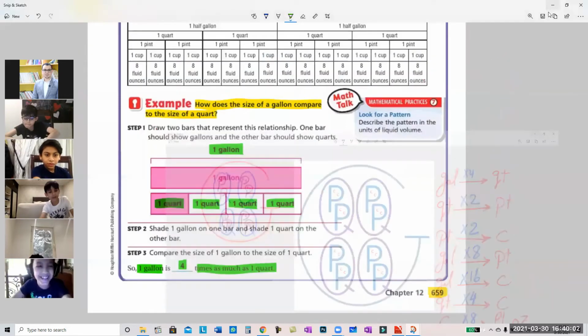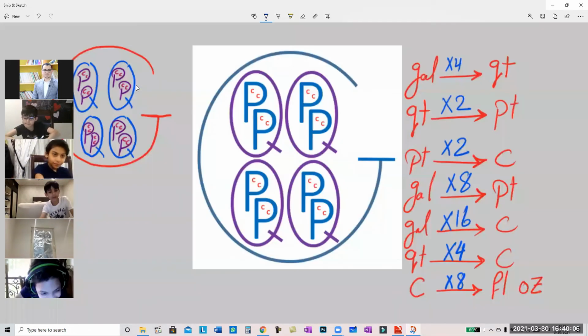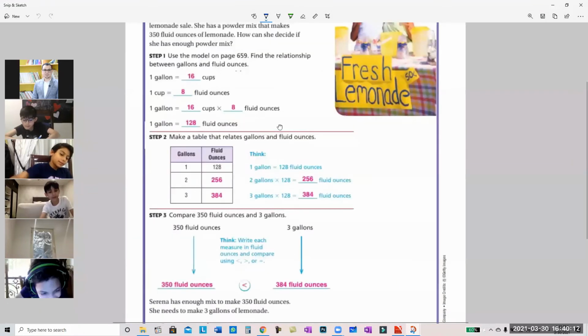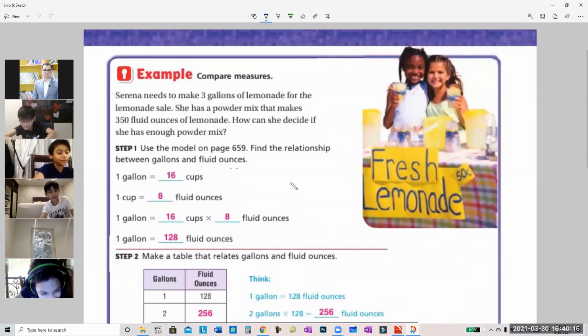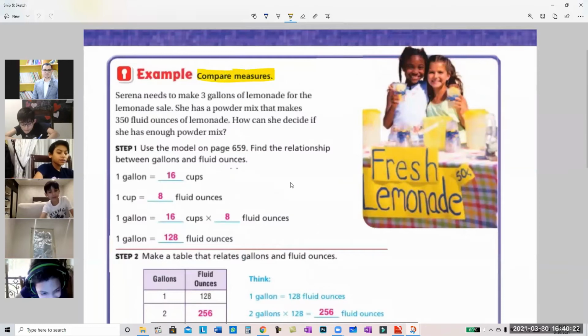Okay, guys, let's get back to our lesson. Let's move to the next page. Okay, in this example, we're gonna compare measures. So I need someone to read this for me, please.